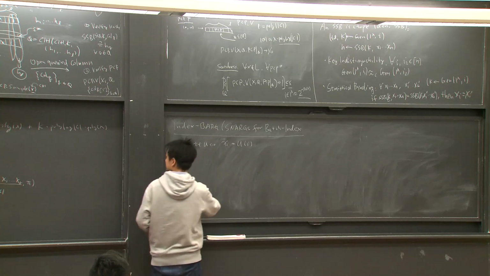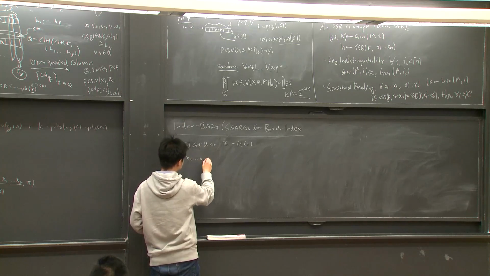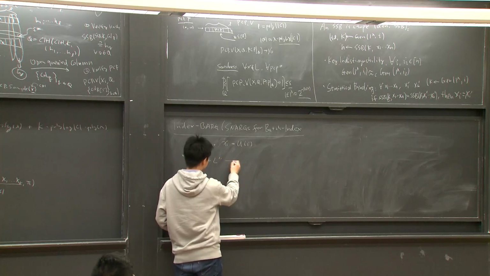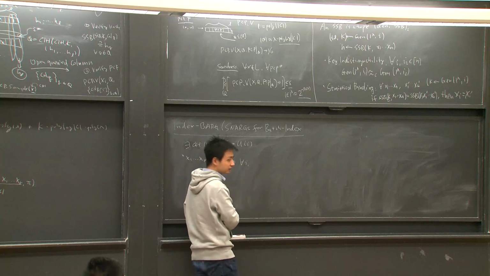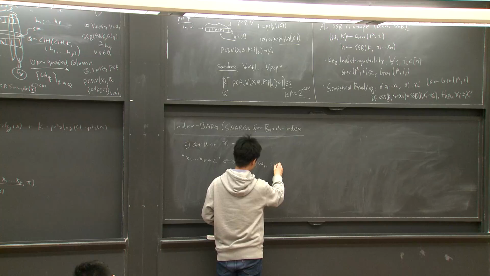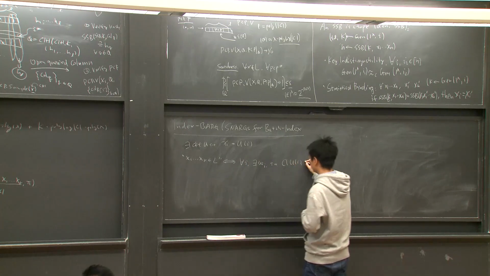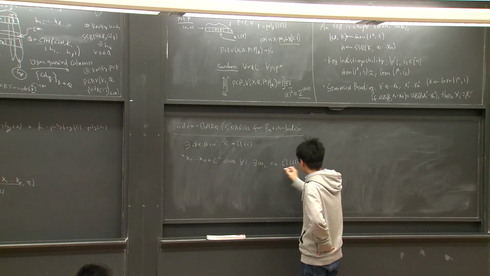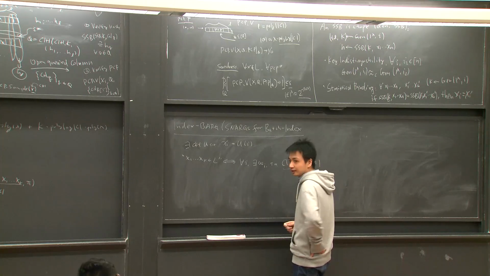If this is the case, then what the prover will try to prove is that x1 to xk are all in this language L. So it is equivalent to say that for each index i, there exists a witness wi such that C(ui, wi) equals 1. Essentially, you can view this as a new NP relation.